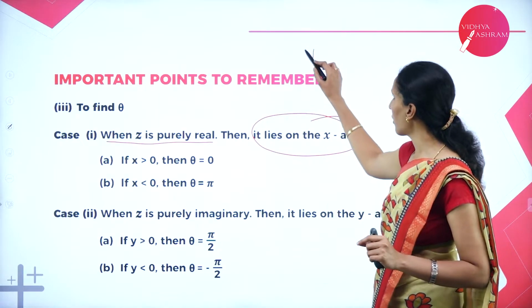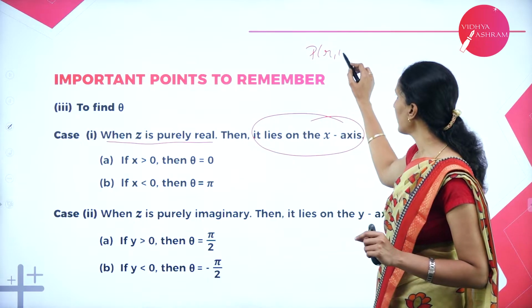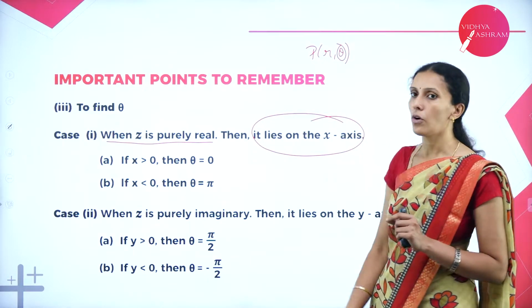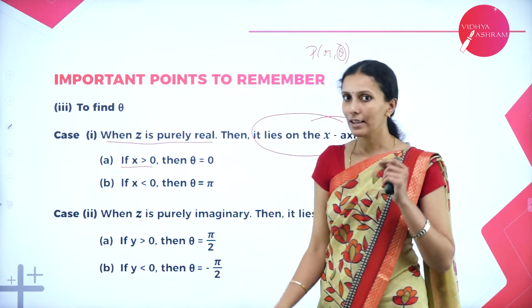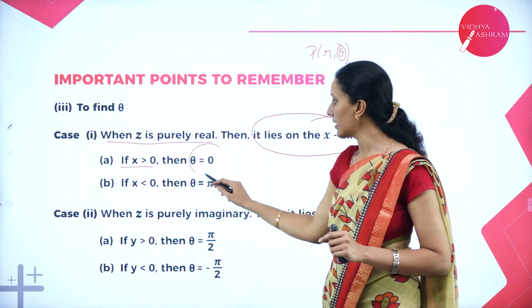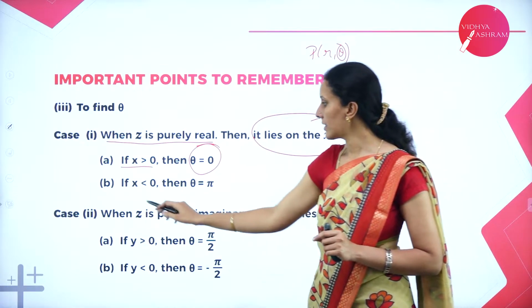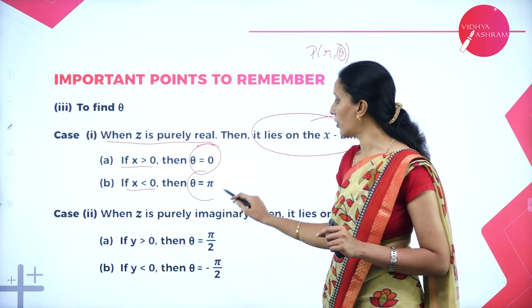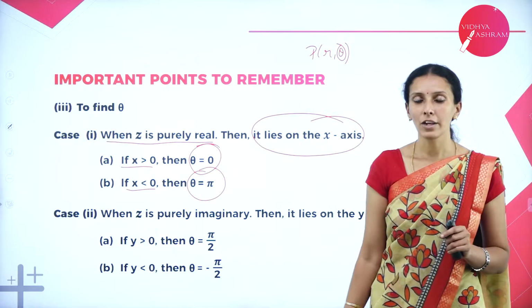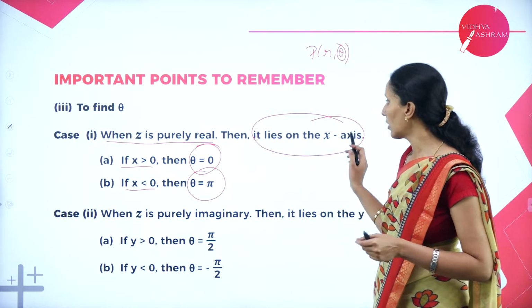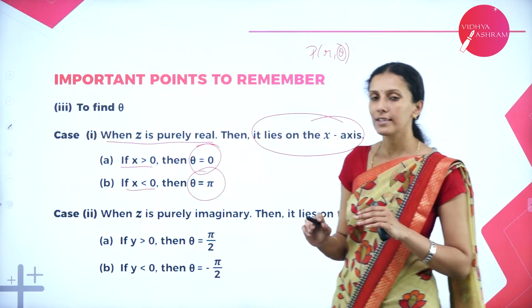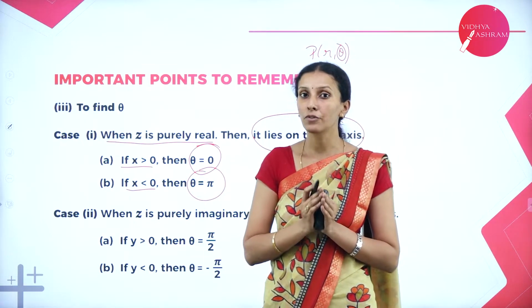In terms of polar coordinates, that is r comma theta, theta must be 0 on the x-axis. Therefore, if x is greater than 0, then theta is equal to 0. If x is less than 0, then theta is equal to pi, depending on whether the value of x is positive or negative. Since it lies on the x-axis, we have two cases.